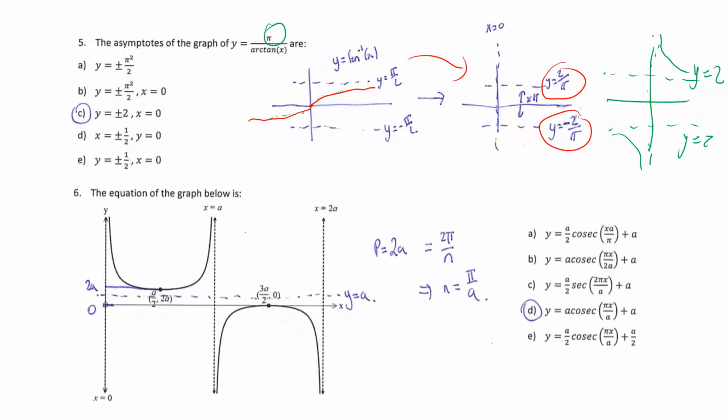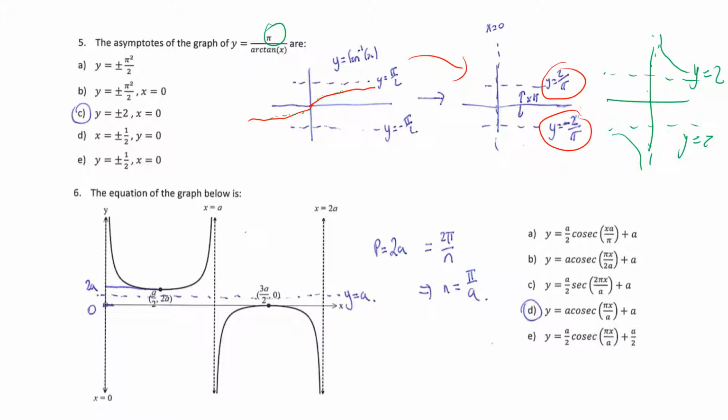All right, so what about this one? Okay, so they're all sec or cosec options except for the one sec option. So it's more natural to think of it as a cosec graph, because we know cosec graphs have a vertical asymptote at x equals 0. All right, so now let's start to look at the values themselves.